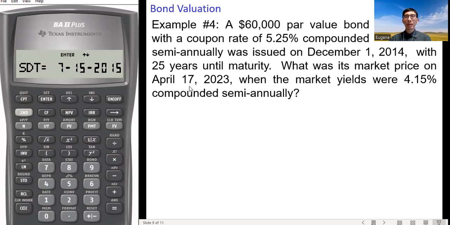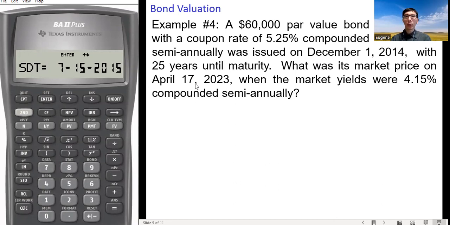The coupon payments are paid on December the 1st and June the 1st every year until maturity. And now the bond is sold on April the 17th, which is not the coupon payment date. And therefore, we should expect that the value for AI should be greater than 0.